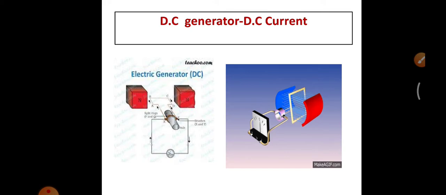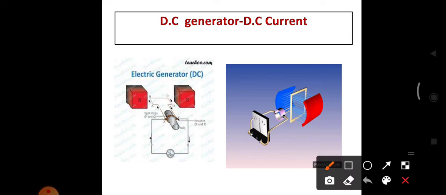The next one, DC generator. The DC generator produces DC current, and this is the construction of the DC generator.